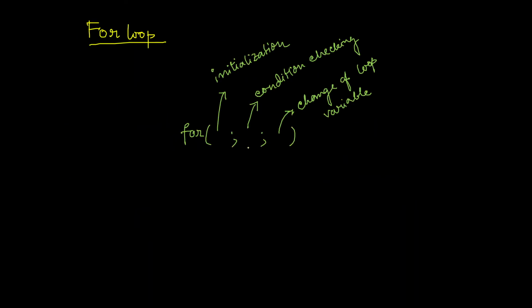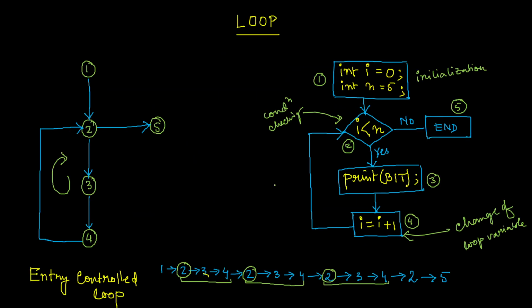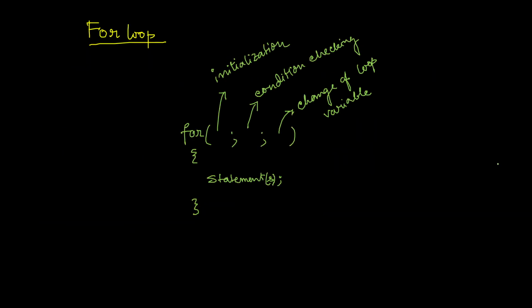Whatever you write within the for loop, you must write within brackets. This is what we call the statement. Within the brackets I have only one statement here, but it is not true that every time we'll have only one statement.